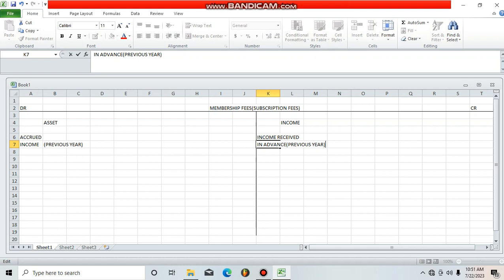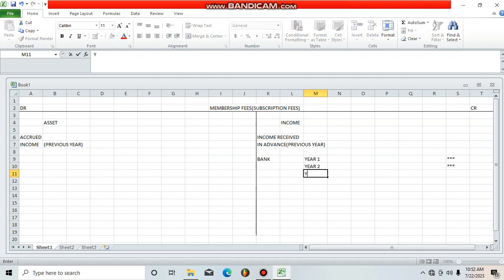Here we're going to have bank. With bank, we're only going to record the monthly receipts from members. So we're going to have year one, and you put the amount. Year two, also put the amount.